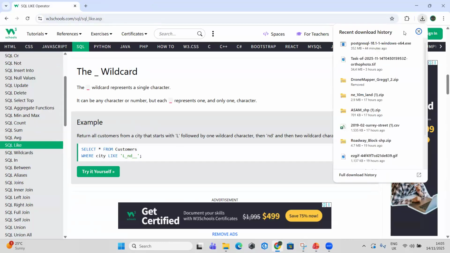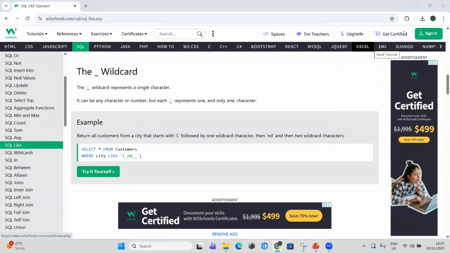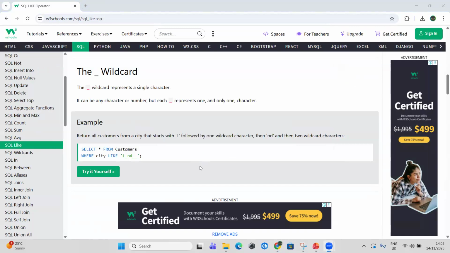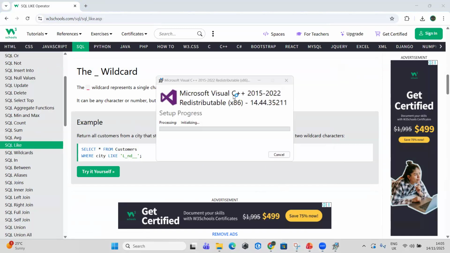So did you download that? Yes, I know. When you click it, my computer does not have Microsoft Visual C, so first I will install it.